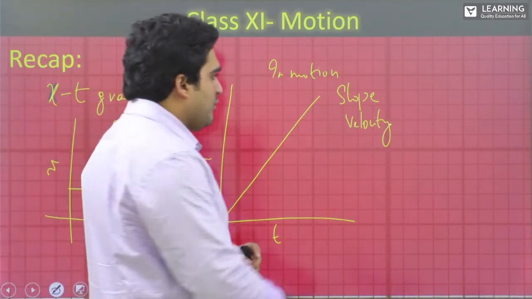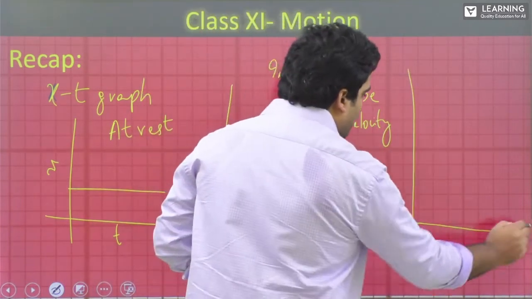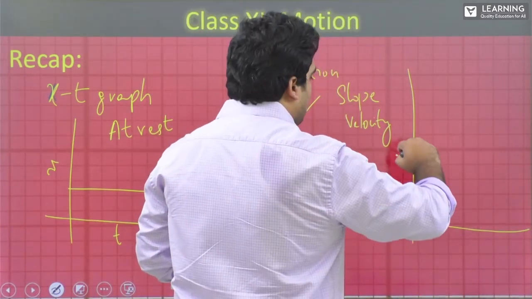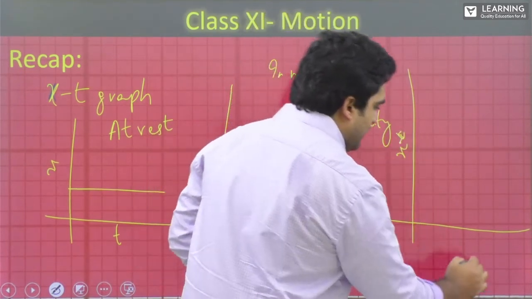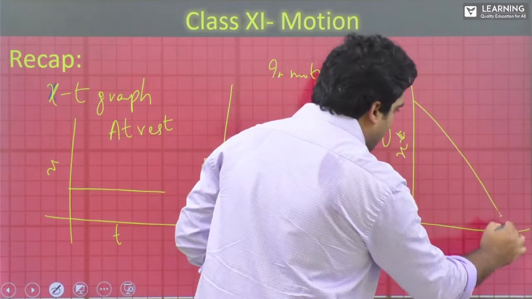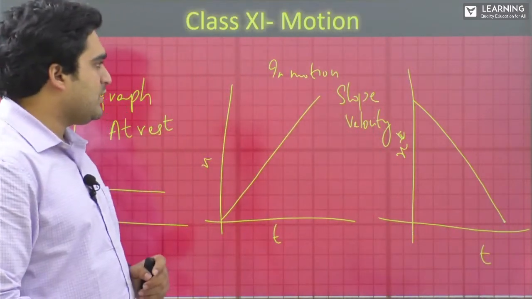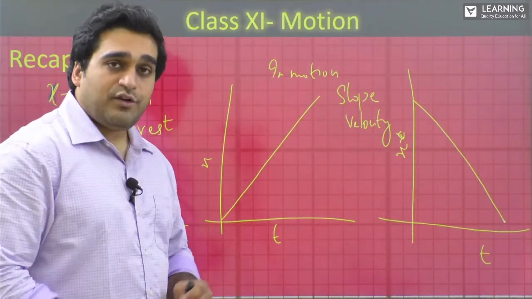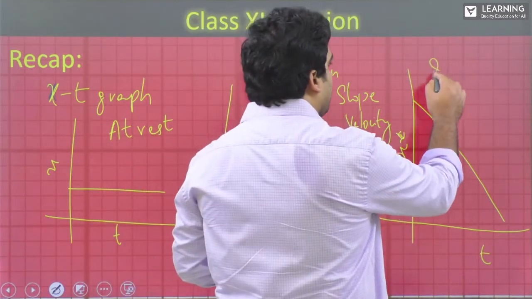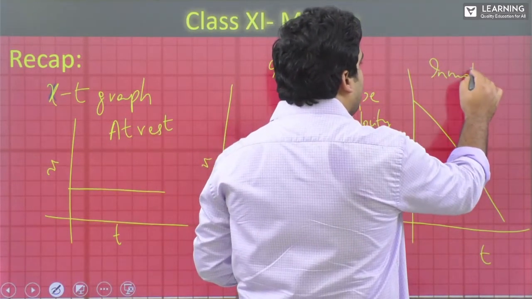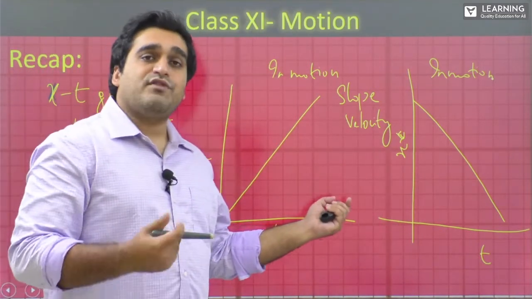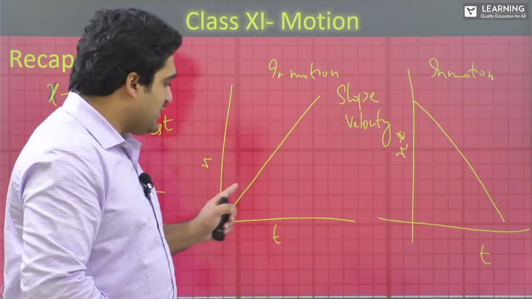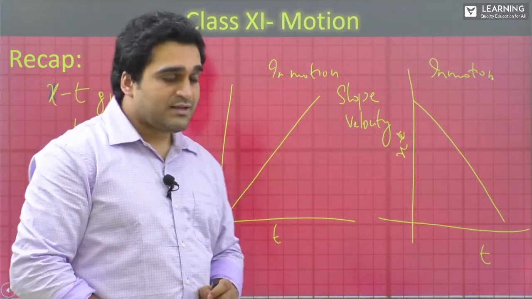And also one last for an XT graph, a line that is pointed downwards. This is also for an object in motion. But how different is it from the previous? They're moving in different directions. This is moving along a positive axis.